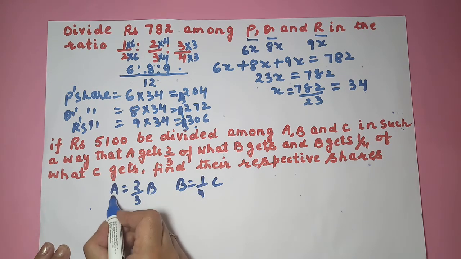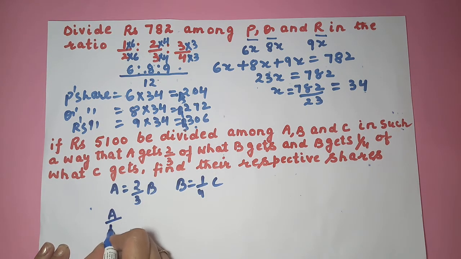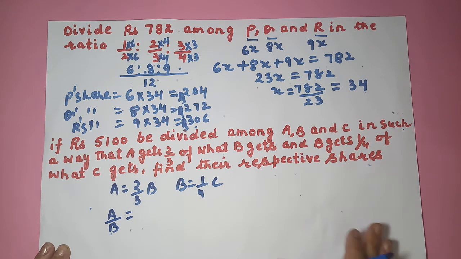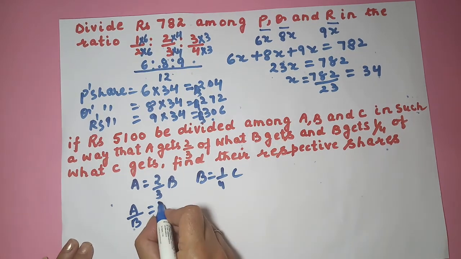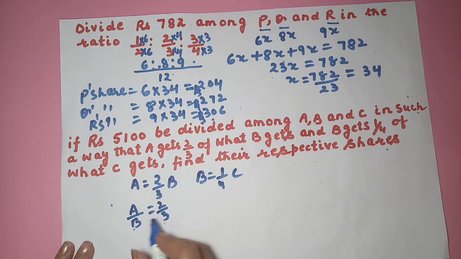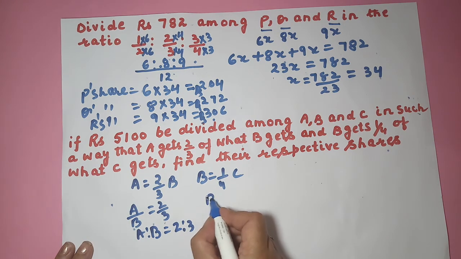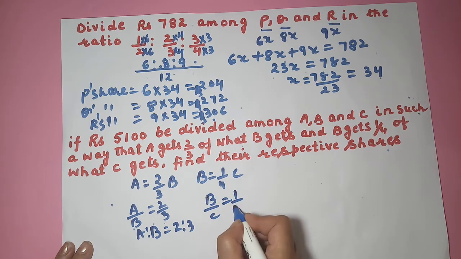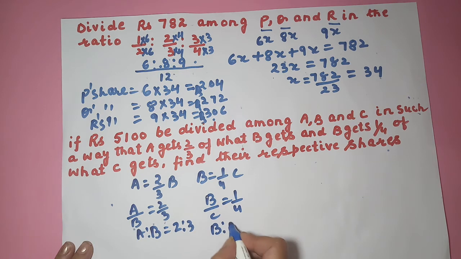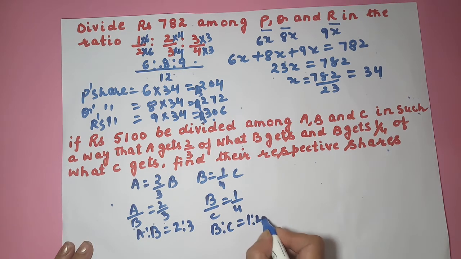Now we will shift this B down here. We will get A by B is equal to how much? 2 by 3. So does that mean A is to B is equal to 2 is to 3? Similarly here, B by C is equal to 1 by 4. So your B is to C is equal to 1 is to 4.